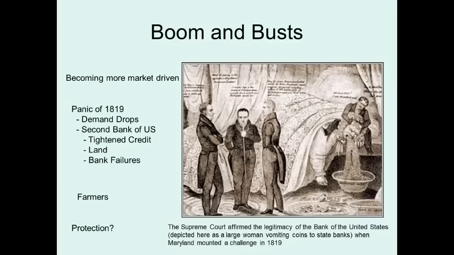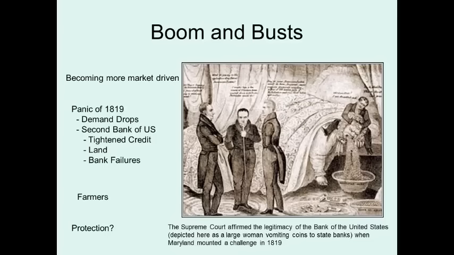So, when credit tightened, it became harder to borrow money, which means that the demand for land, and by the laws of supply and demand, also the price for land, is going to drop. So land prices are going to plummet, which means people are going to lose a lot of their money, a lot of their assets.